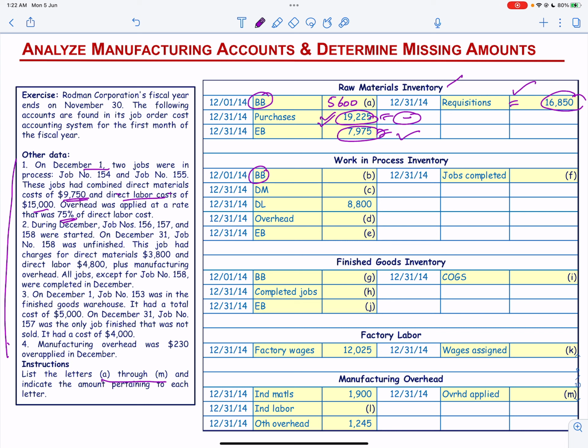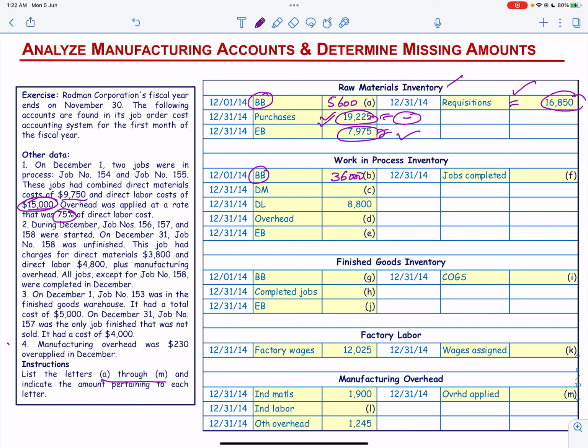So we have the direct material 9,750 plus 15,000 plus 75% of direct labor, that is 15,000, and this will give us 36,000. I repeat again for your convenience, we will have the direct material, to this we add the direct labor, and to this we add the overhead, that is 75% of 15,000.